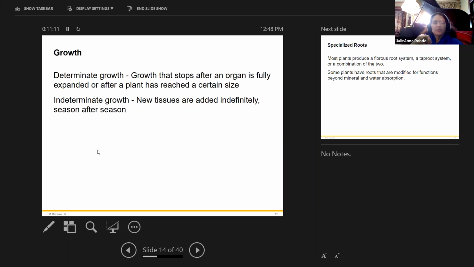Indeterminate growth is where new tissues are added indefinitely season after season. Depending on your plant, you may have both types of growth visible or evident. Some plants may only have one of these. They may not have both of these in their cycle. If they're plants that don't live more than one season, you're not going to see a lot of indeterminate growth. Okay.